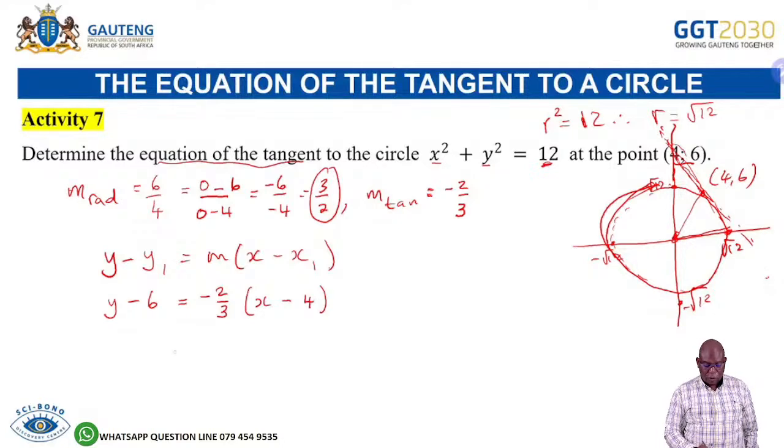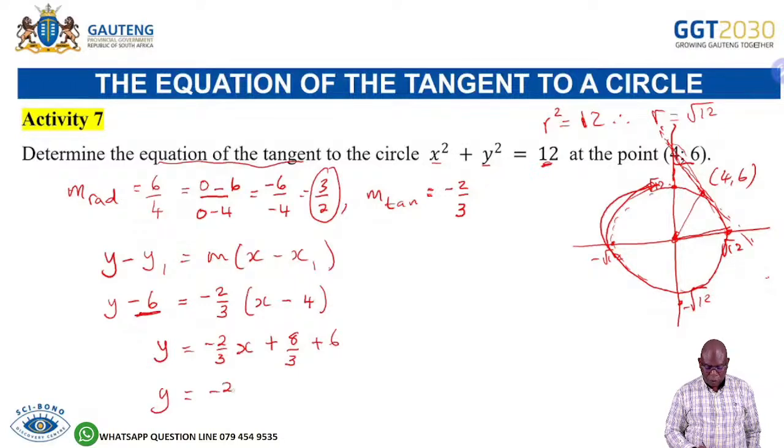Then I can quickly multiply out: -2/3x, which will be positive 8/3. Then we transpose that and get +6. So y equals -2/3x plus 8/3 plus 6, which is +26/3.